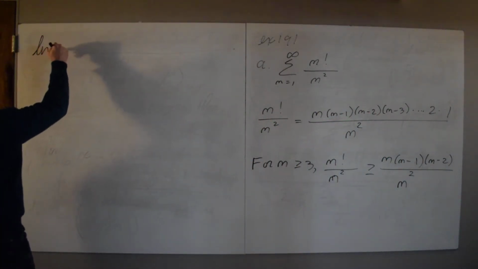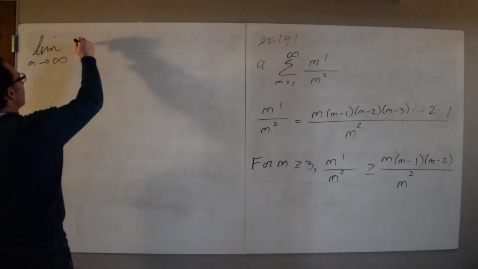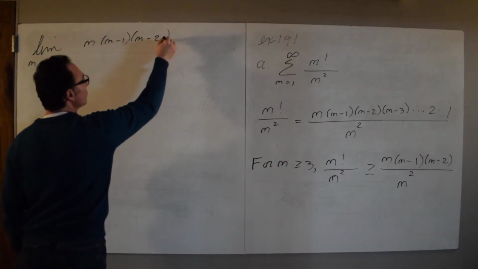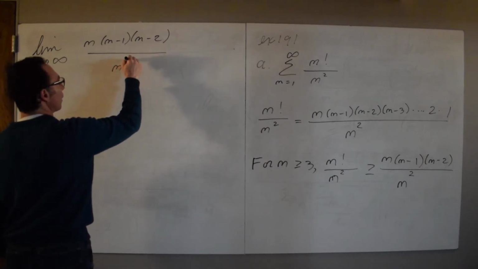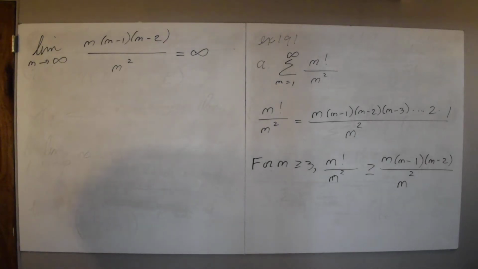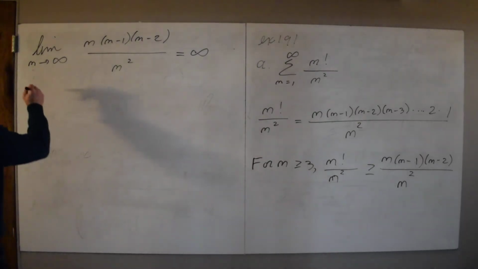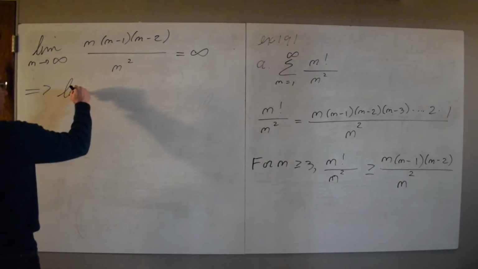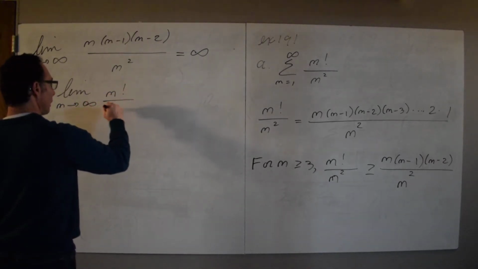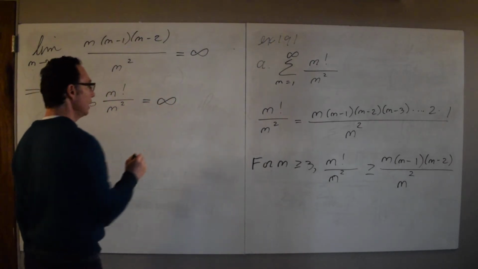So the limit as n goes to infinity of n times n minus 1 times n minus 2 divided by n squared is infinity. This is something we learned in Calculus 1. This implies that the limit as n goes to infinity of n factorial divided by n squared is also infinity.